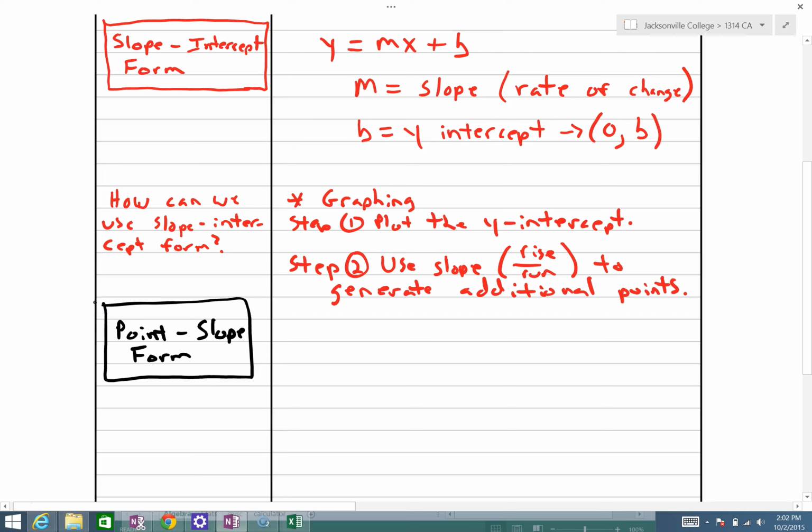The point-slope form of a linear equation is y minus y1 equals m times (x minus x1). And m is the slope just as before. This (x1, y1) is any point on the line.